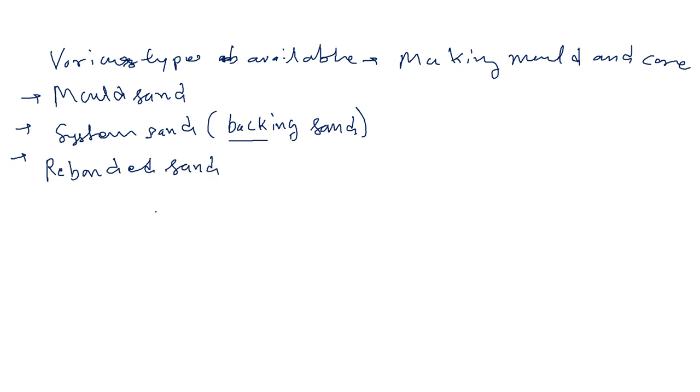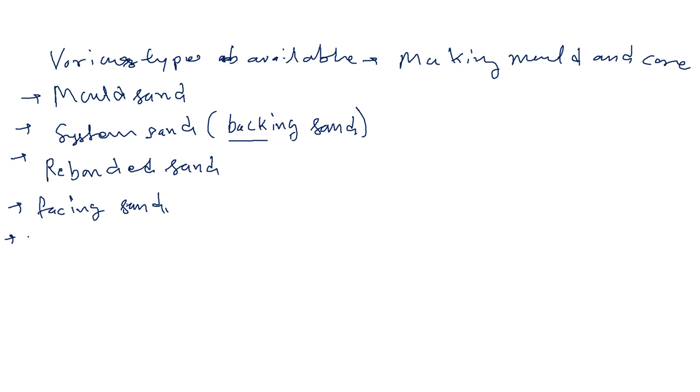Mostly sand is used for mold making. So, rewounded sand and facing sand. Facing sand is sprinkled on the pattern for a good surface finish.